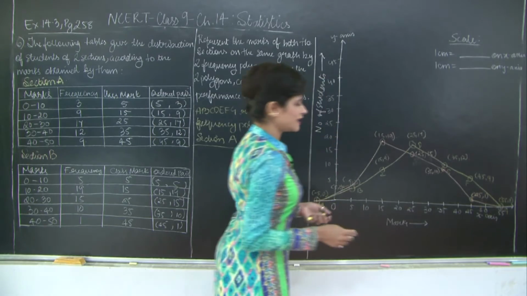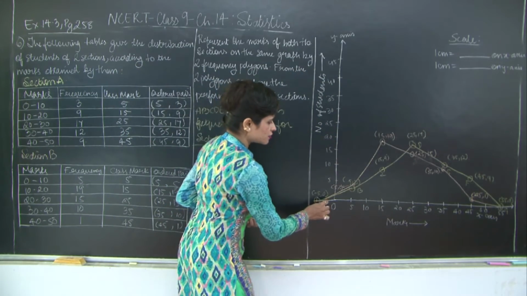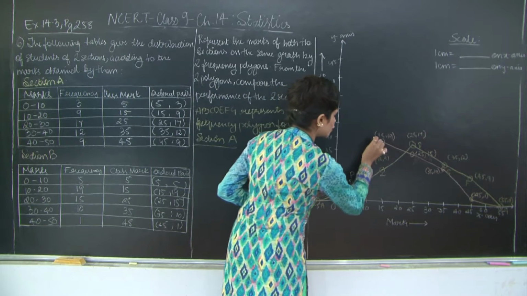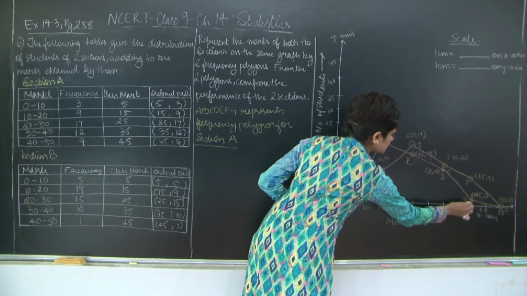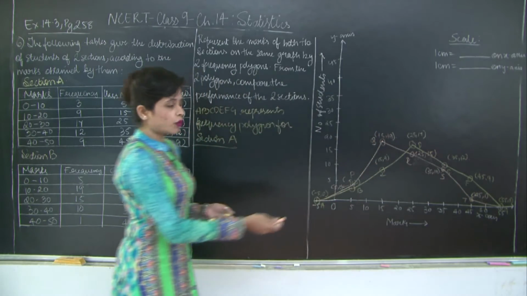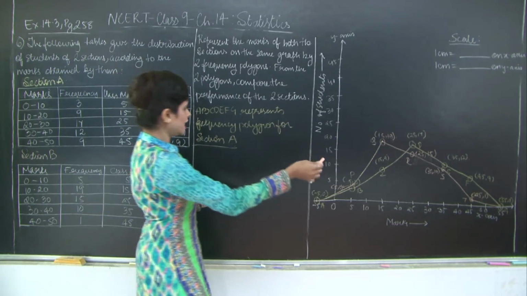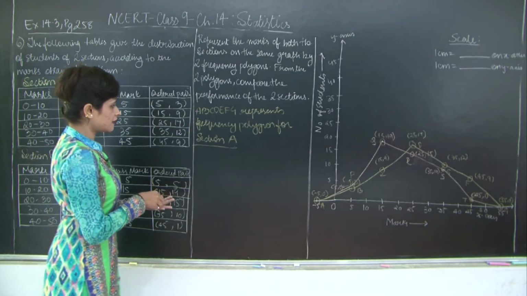so now let's mark the coordinates for section B. So you have A out here, then I'm going to mark this as P, Q, R, S, T. So which is the frequency polygon for section B? It is going to be A, P, Q, R, S, T and G. Alright, let's write this down.